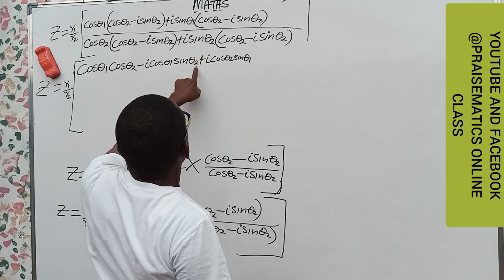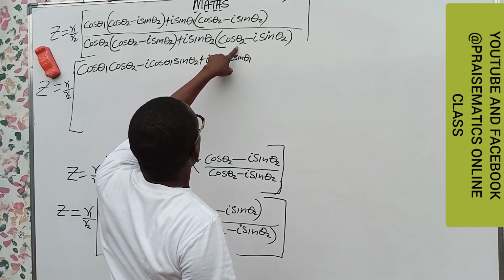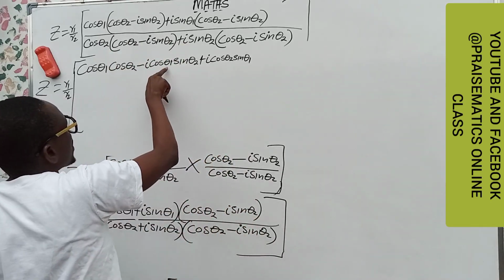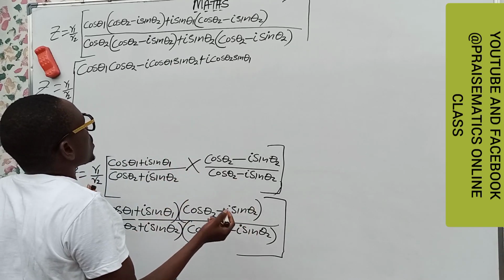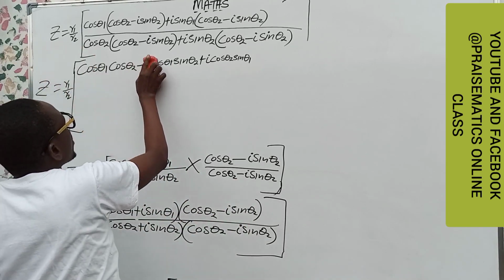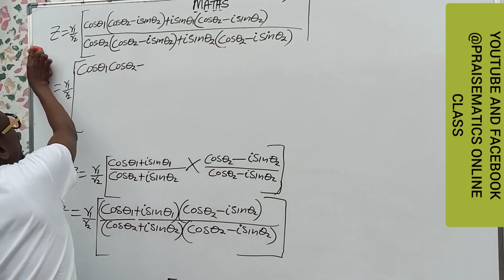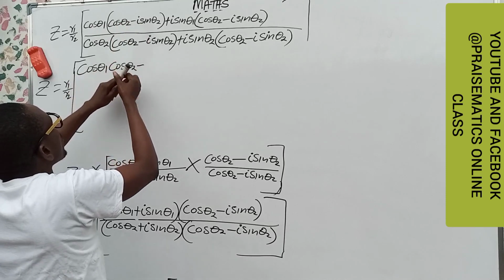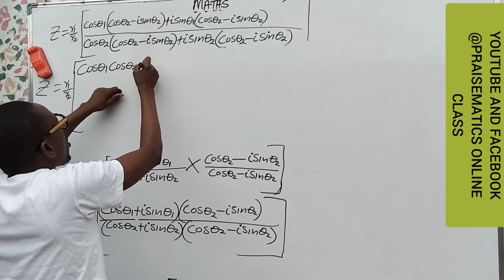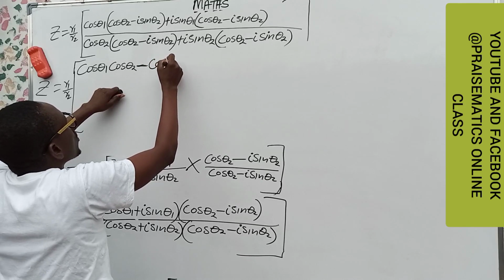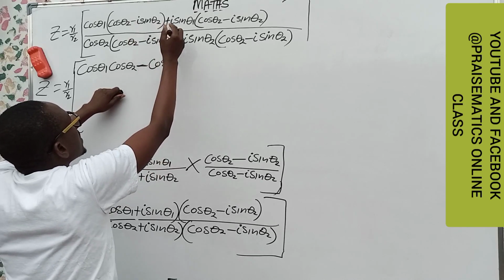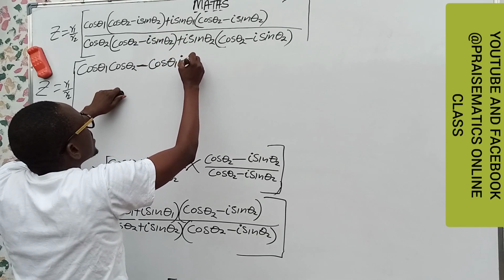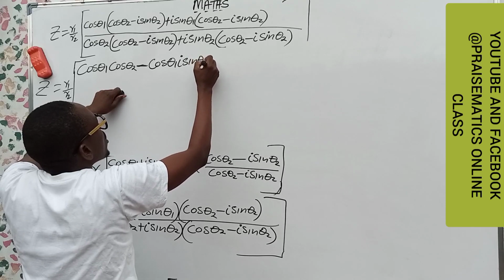So that is what we got here. Or if you like, you can take the I inside; it depends how you want it. This will give us minus cos theta 1 times I sin theta 2.